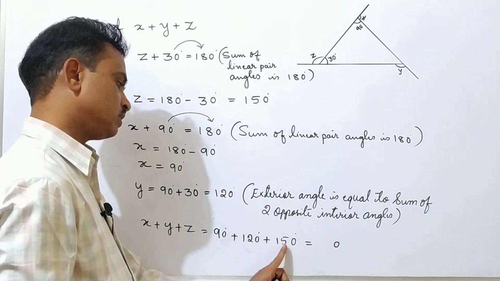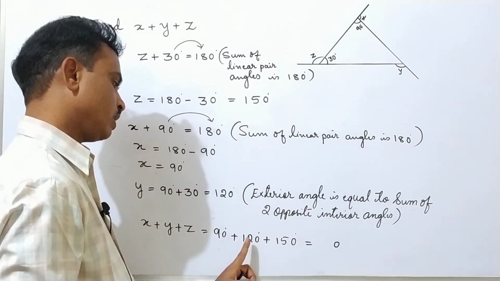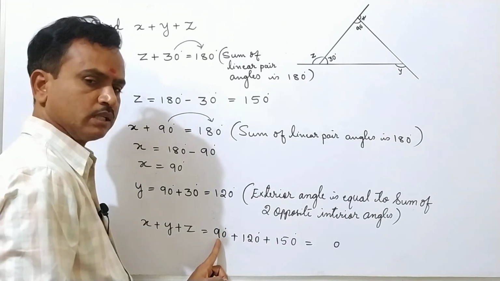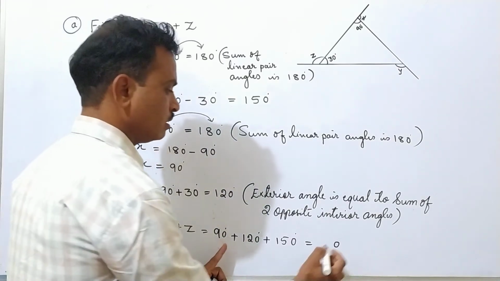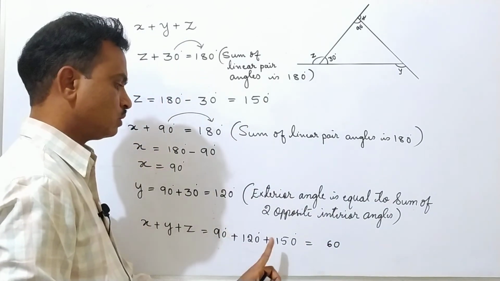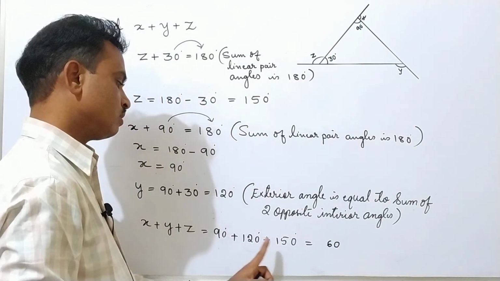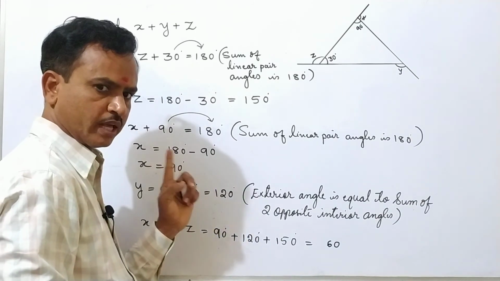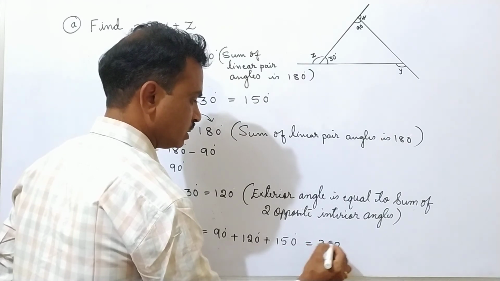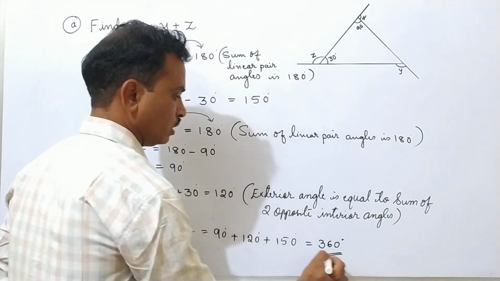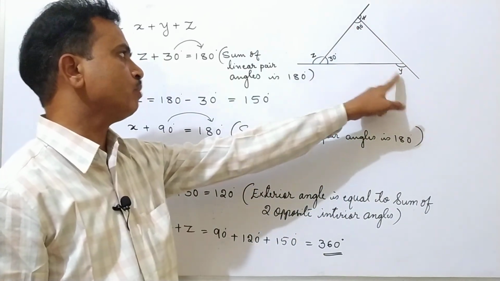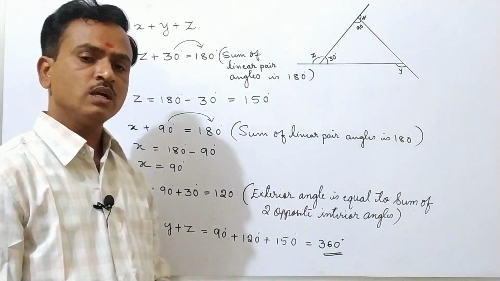Then in the tens place, 5 plus 2 is 7, 7 plus 9 is 16, so 6 and 1 carry. In the hundreds place, 1 plus 1 is 2, then 1 carry makes 3. So here 360 degree. So x plus y plus z is equal to 360 degree.